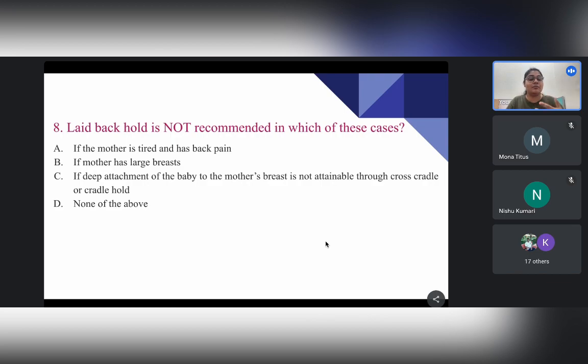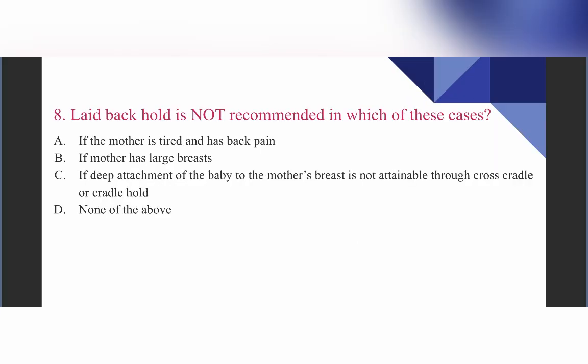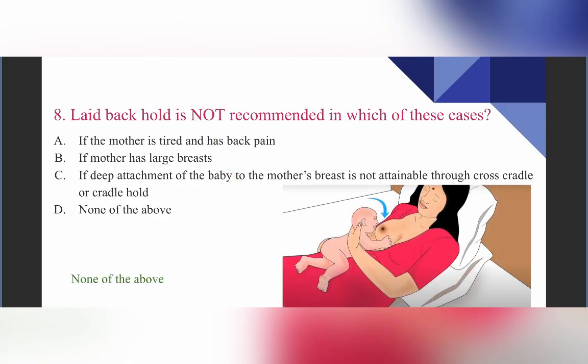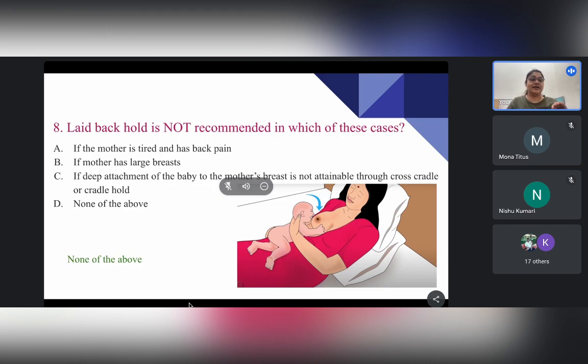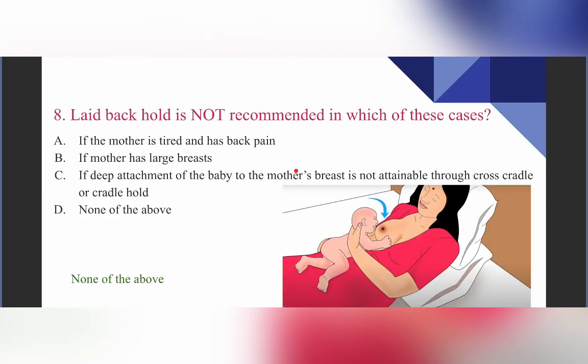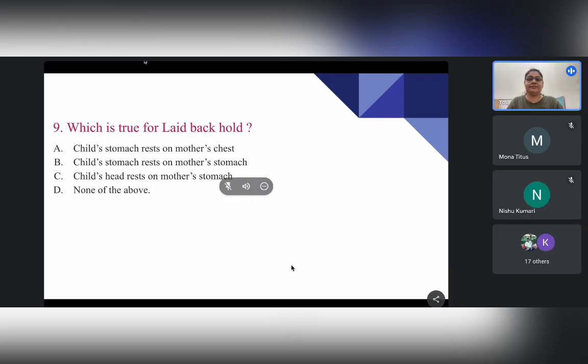In those cases also the laid back hold can be employed to bring about changes in the postures and to ensure that the baby properly latches onto the breast, right? So all three are definite situations in which this position is recommended. So the answer to this question is none of the above. Okay. So we'll move on to our next question.